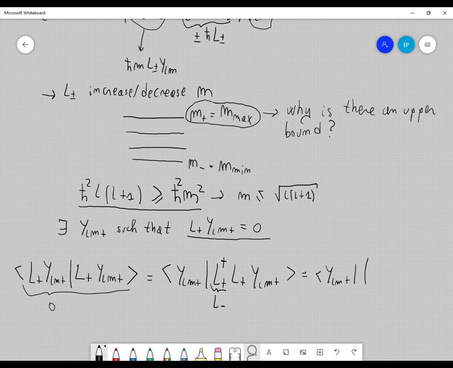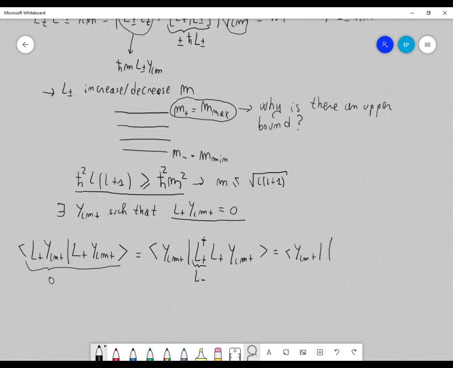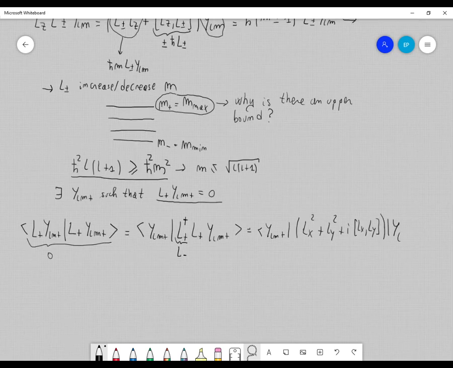If you take a look at the expressions, I will get something pretty straightforward. I will get Lx squared plus Ly squared plus i commutator Lx Ly, acting on Y_{L M+}, and you can rewrite Lx squared plus Ly squared as L squared minus Lz squared, and this commutator here is just equal to minus Lz h bar.